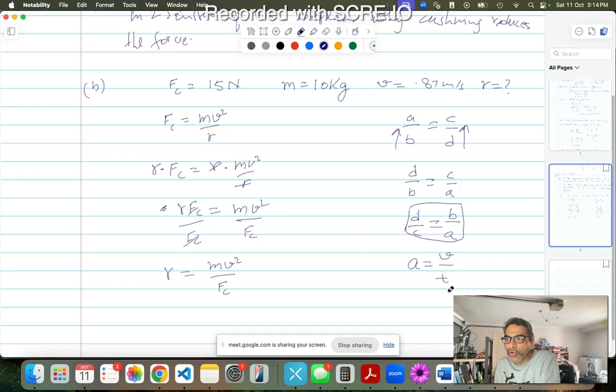Yes. So if we want to change, we can say t equals v over a, if v equals a times t.